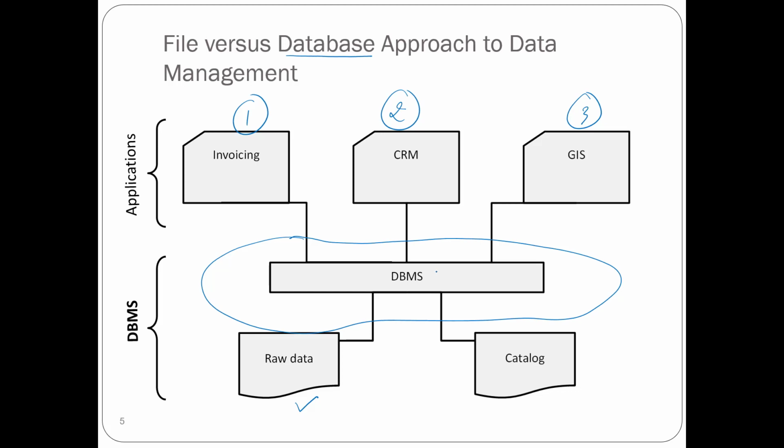So the DBMS will properly store our raw data along with the catalog. In the catalog, you will have metadata. Metadata is data about data. We will get into those details soon. So in this approach for data management using DBMS, our data is stored as raw data along with the metadata and catalog, and then the access to the data is controlled by this component, the DBMS.